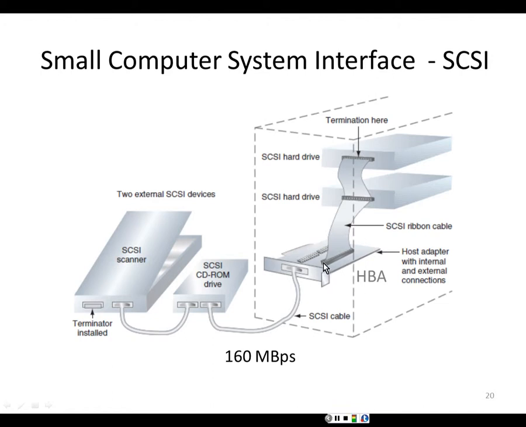You could call it a hard disk controller card if you want, but they call it a host bus adapter. And a cable comes off of this host bus adapter, and other SCSI devices can connect to the host bus adapter. These could typically be SCSI hard disks. They connect on one single SCSI, what they call a SCSI chain.